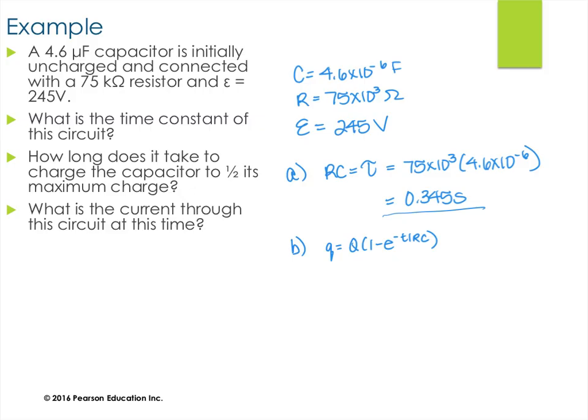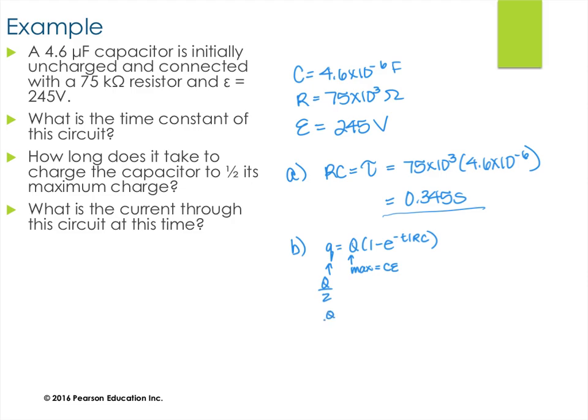The second question asks how long it will take to charge the capacitor to 1/2 of its maximum charge. This is the maximum charge, and I want this to be Q over 2. You might think you have to calculate the maximum charge, which is equal to C times the EMF of the battery, but we actually don't.